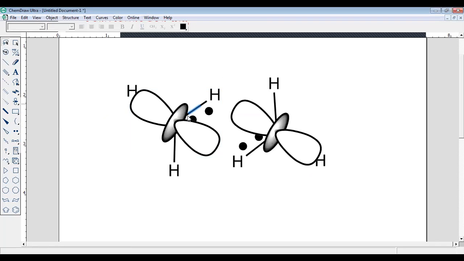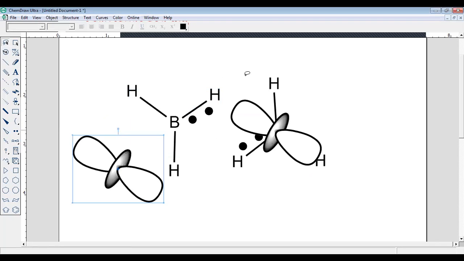These two electrons are between the two centers, boron and hydrogen. Therefore, this bond is called two center two electrons. All of you getting this? This BH bond is composed of two electrons, as in the BH3 molecule here also.